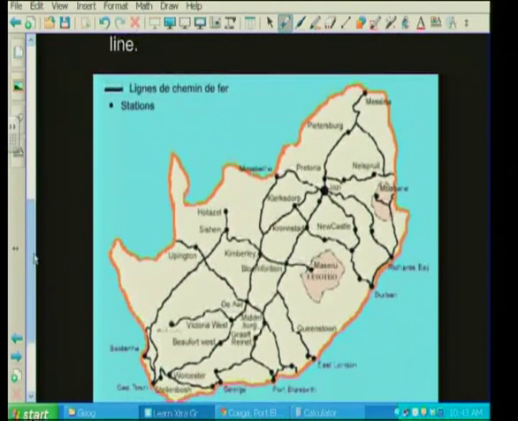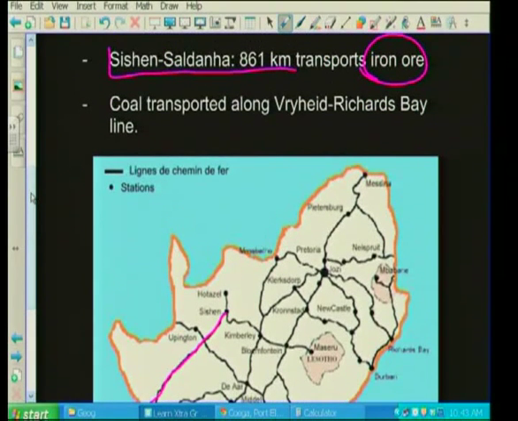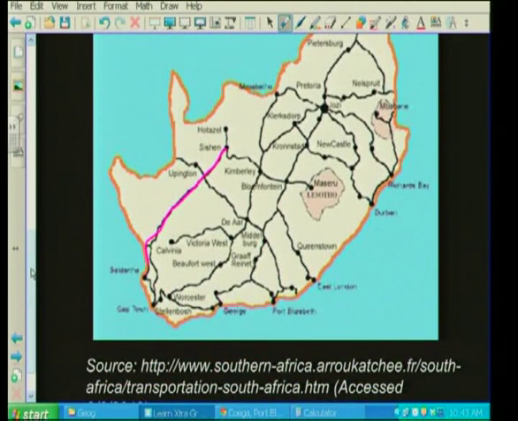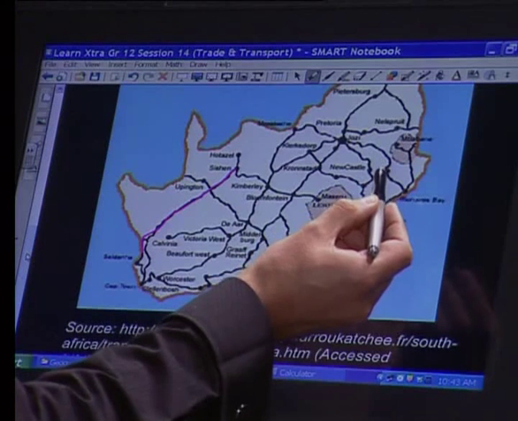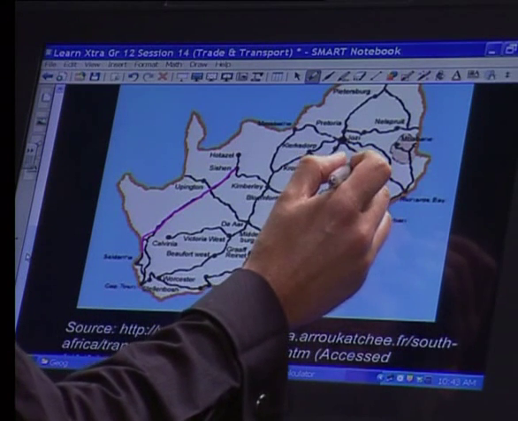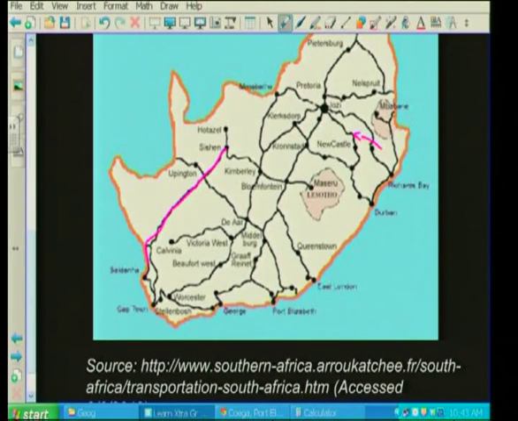Now, if you look on the map, I'm talking about this whole link over here. If I just highlight it or draw along it, that railway line we're talking about is 861 kilometers long. Coal is predominantly transported between Vryheid and Richards Bay. If you look, here is Richards Bay, and just to show you on the map, I've got to put Vryheid on here because it's not quite on the map yet, but it's basically just to this side of Newcastle.